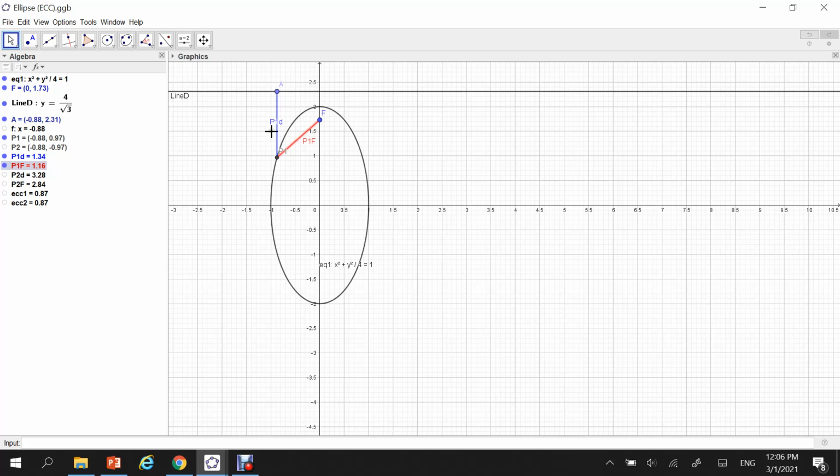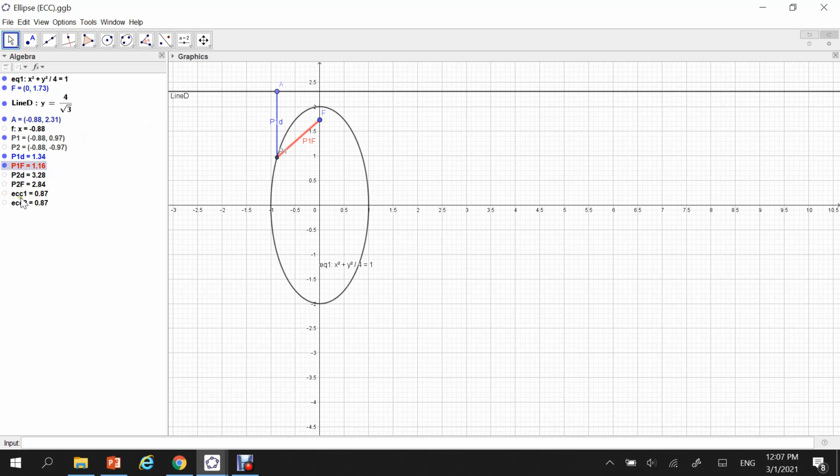One is P1D, the distance between my fixed line and a point on my ellipse, and the other is P1F, the distance from that point on my ellipse to the fixed point F. Same thing, I need you to observe ECC1, which is the ratio of P1F and P1D, the eccentricity of the ellipse.